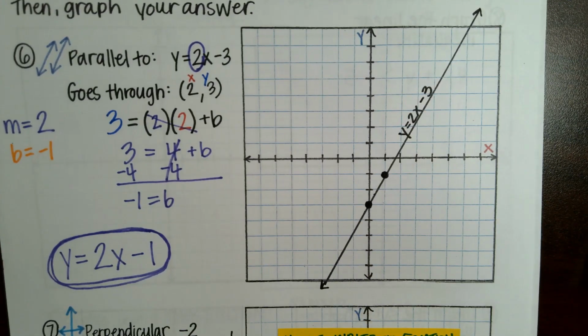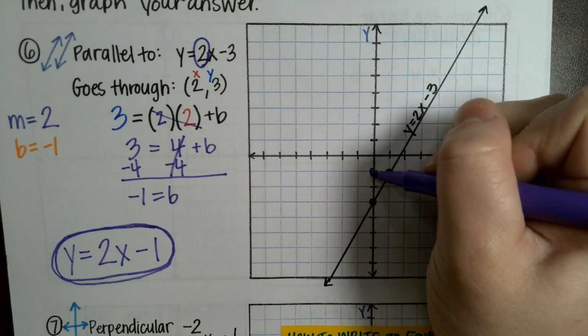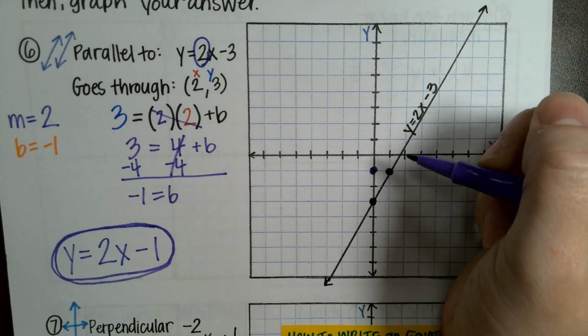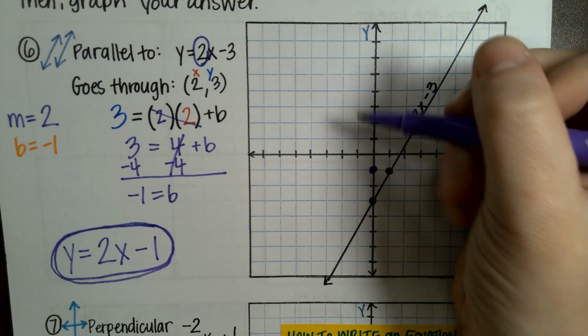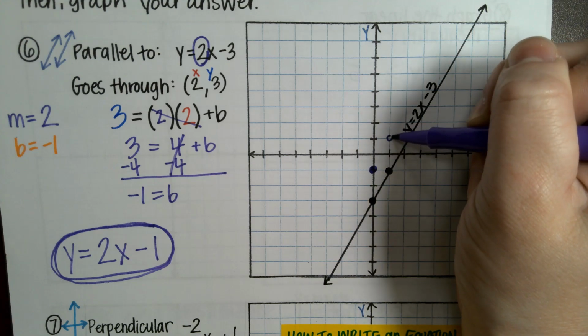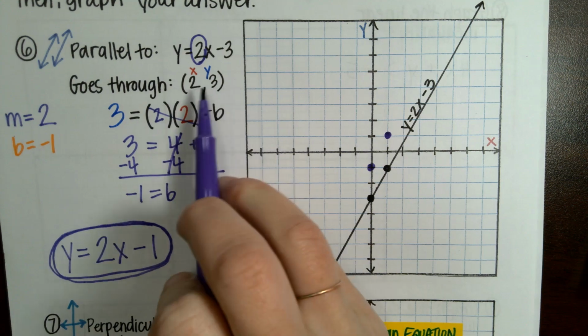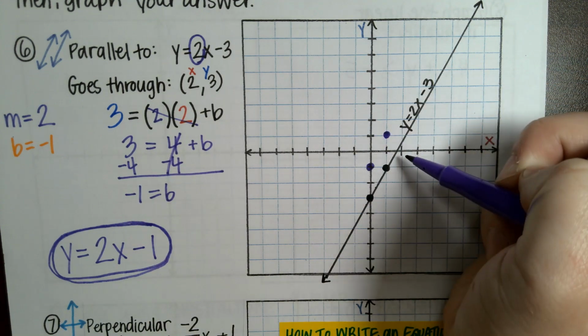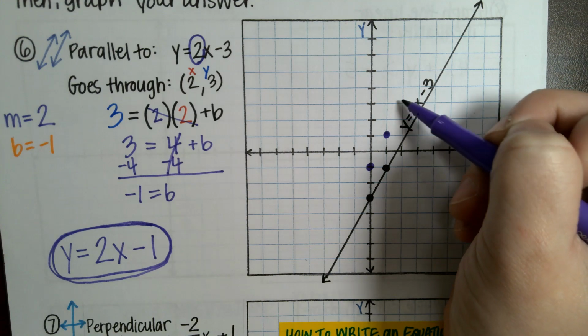And how are we going to graph our new line? Start with 0, negative 1. Perfect. Our y-intercept is negative 1. And what's next? Up 2 over 1. Right there. And if we did it correctly, this new line should also go through the point I gave you. So over 2 up 3, looks like it does. Right here, yeah, there it is.